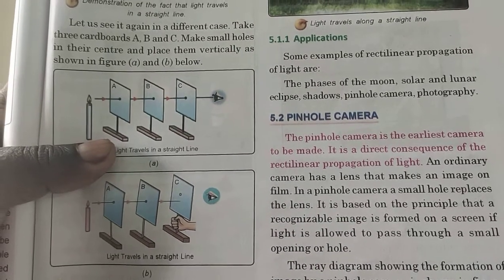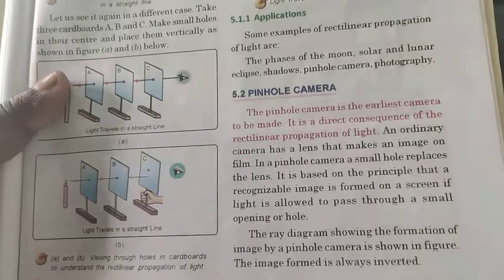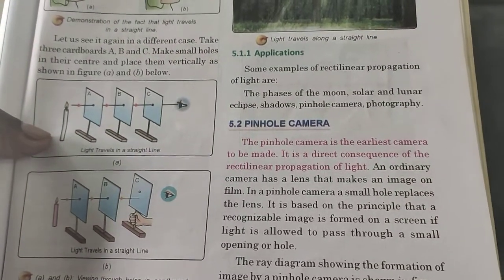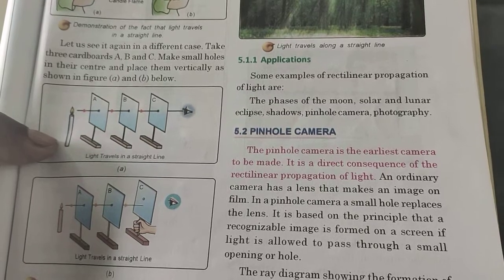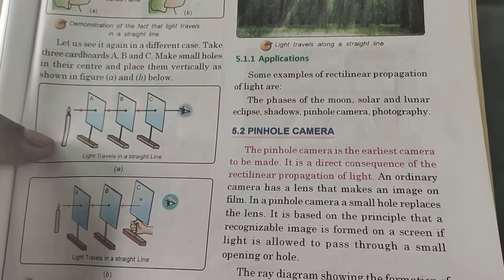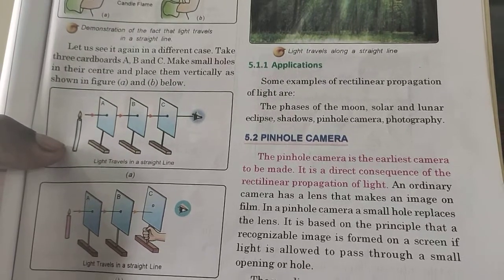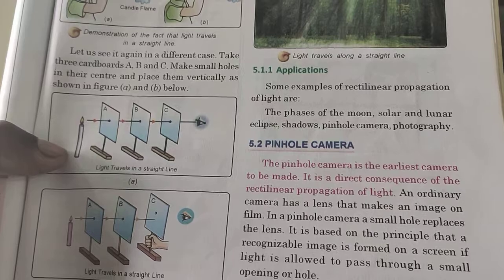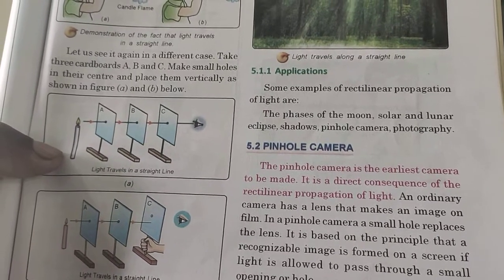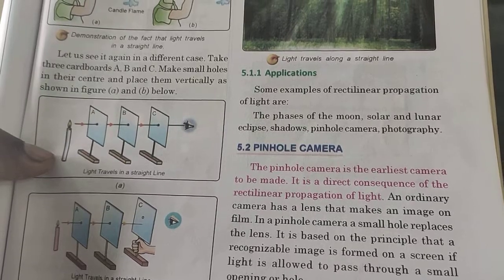Also in your book, on the same page, page number 49, you will see this diagram over here. See, on top there are 3 cards and on the left side of these 3 cards there is a burning candle and on the right side there is a person, only the eye is given over there. Now these 3 cards, when they are placed in one straight path, in the middle they all have a hole.